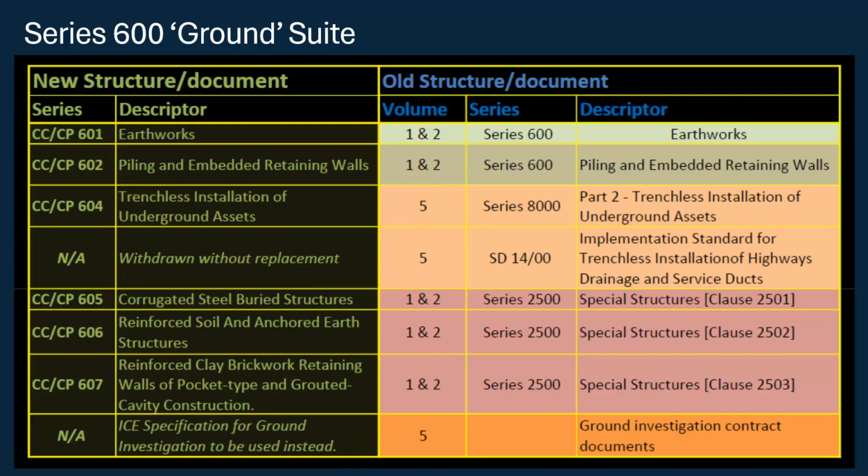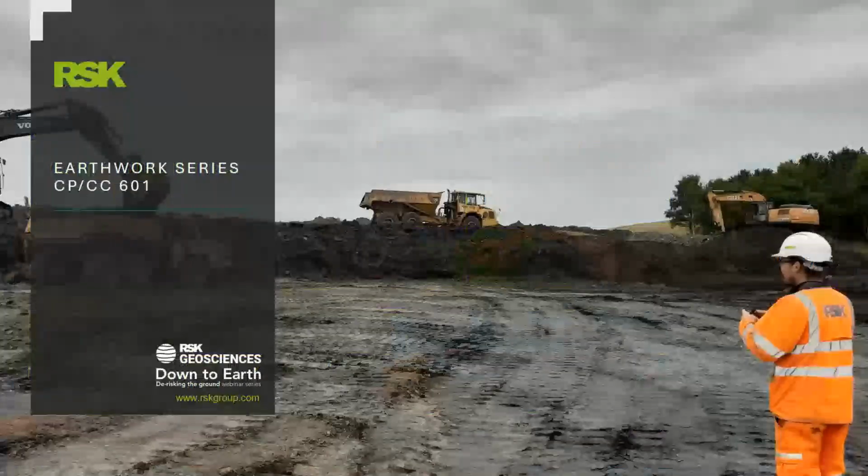So basically everything relating to the ground now has a 6 prefix. And they've been taken from various other areas within the previous documents. So now moving on to the Earthworks series and the specifics of that.